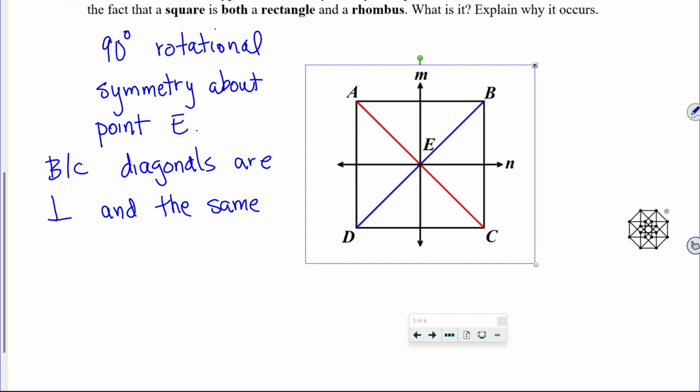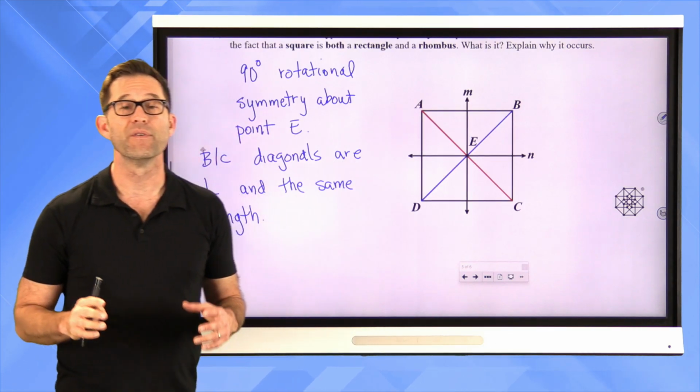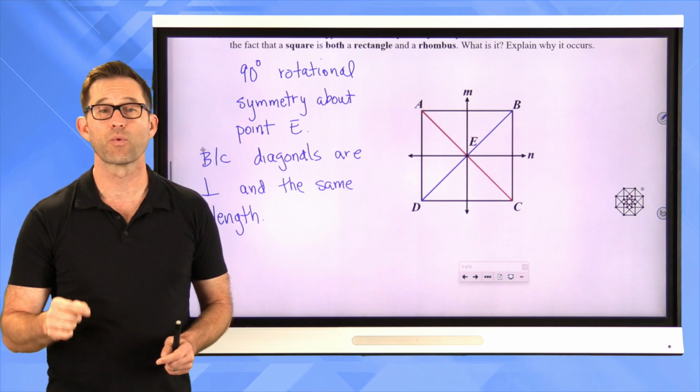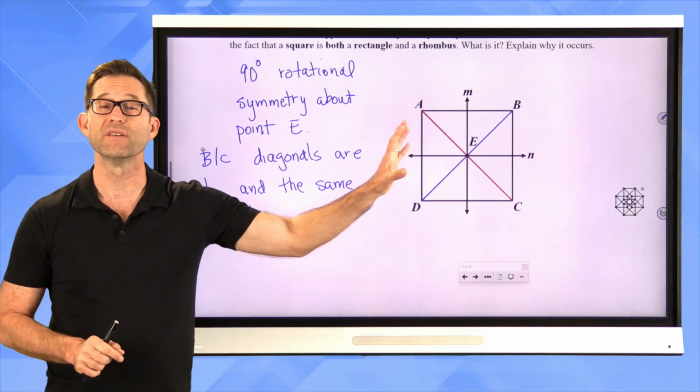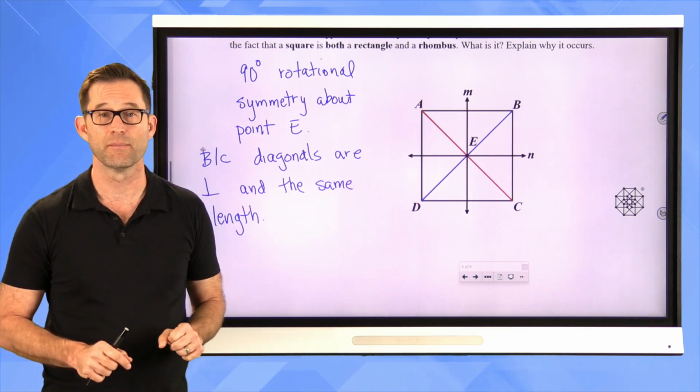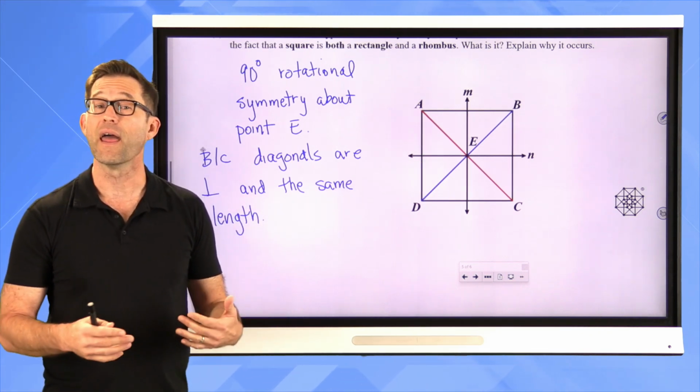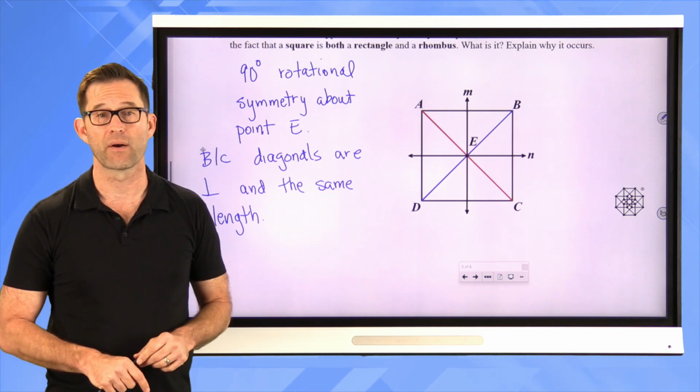And it's kind of cool, right? The fact that they're perpendicular comes from the fact that a square is also a rhombus, and the fact that they're the same length comes from the fact that a square is a rectangle. All right, put those two together and you get this additional type of rotational symmetry that doesn't occur in any of the other types of quadrilaterals.